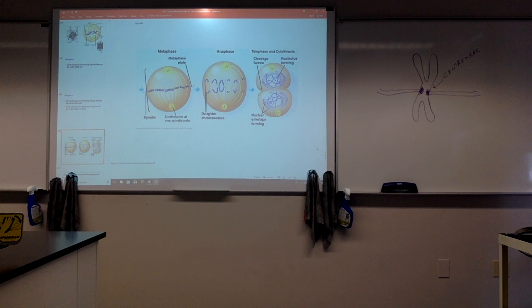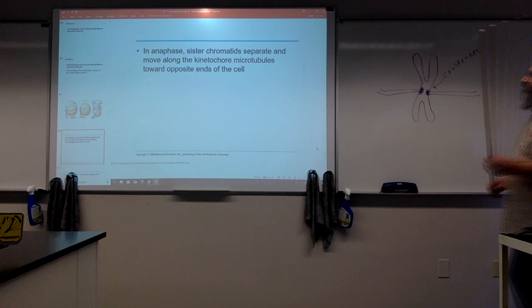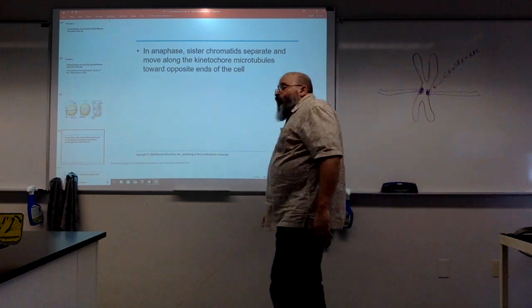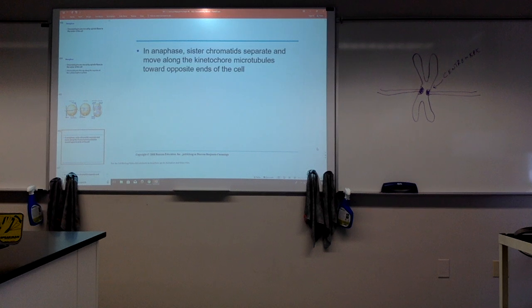So we still have chromatids at metaphase, sister chromatids. At anaphase, the sister chromatids separate. Once a pair of chromatids separate, each chromatid then becomes a full-fledged chromosome.